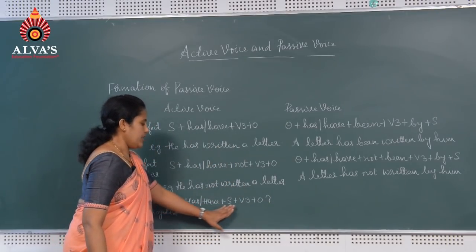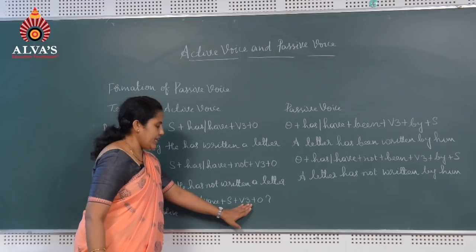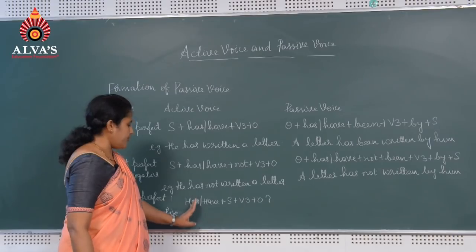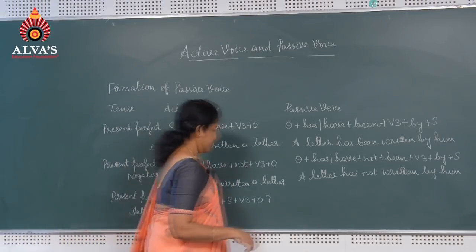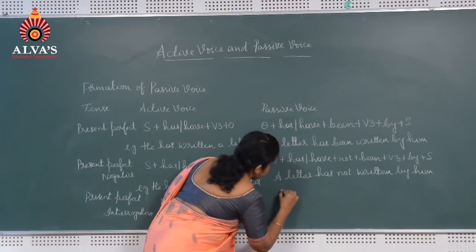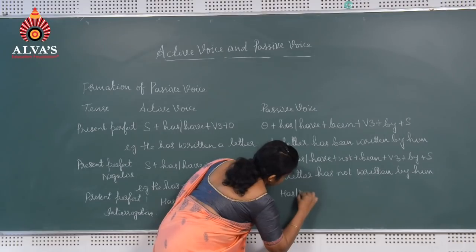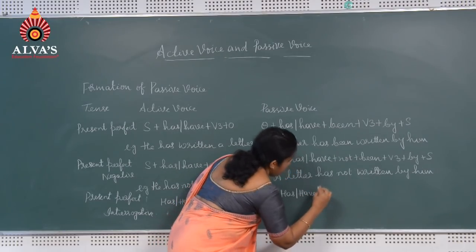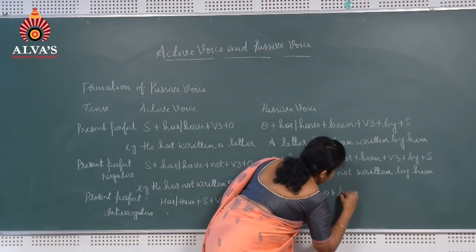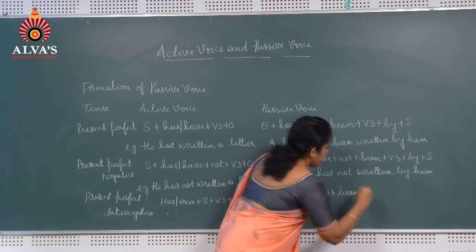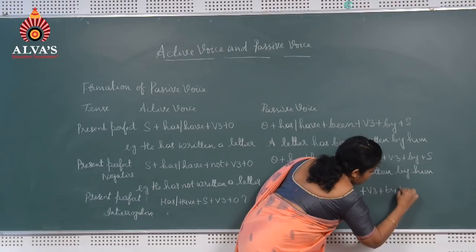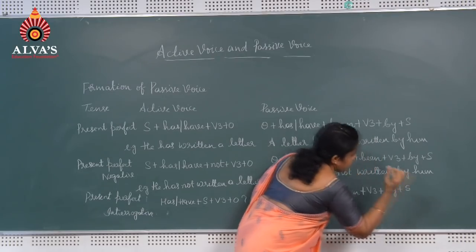When we change from active to passive, it is has or have plus object plus been plus V3 form plus by preposition plus subject.